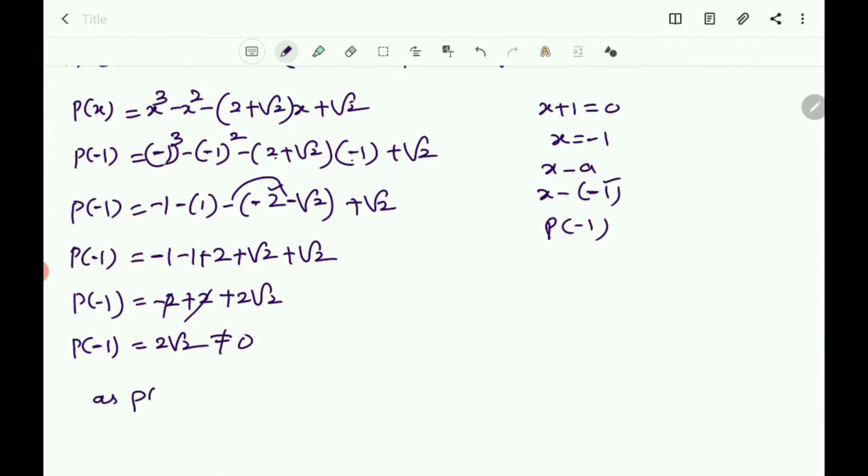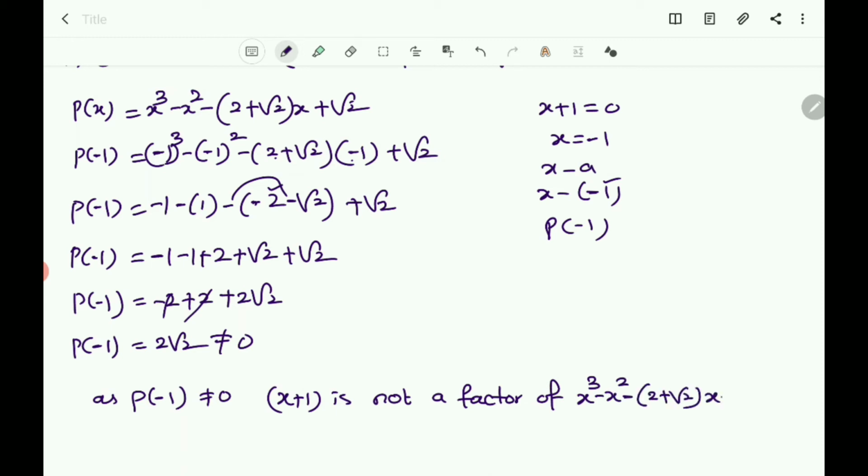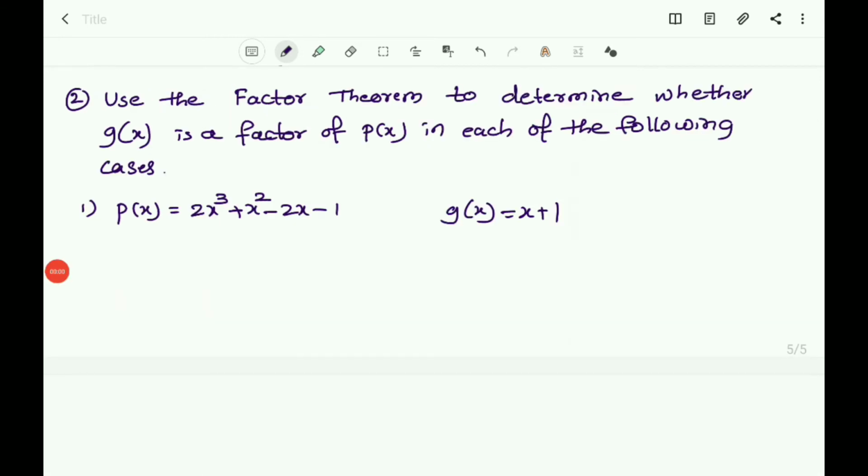As P of minus 1 is not equal to 0, x plus 1 is not a factor of x cube minus x square minus of 2 plus root 2x plus root 2.